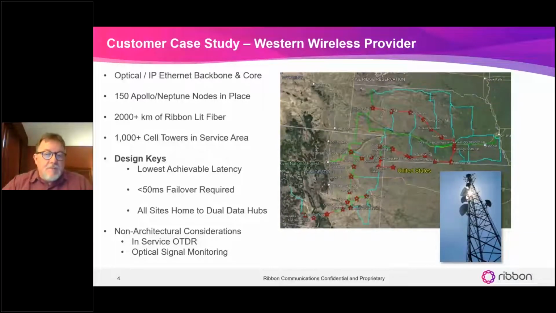This is a wireless provider out west here in the United States, covering 4 different states, 150 coming up on 200 ribbon nodes, shelves out there, 2,000 kilometers of lit fiber, 1,000 cell towers, and then pretty stringent requirements in terms of SLAs, low latency, being able to track failover traffic when and if that happens, and then homing all traffic to dual data centers, soon to be 3 data centers that we're going to have to replicate traffic to.